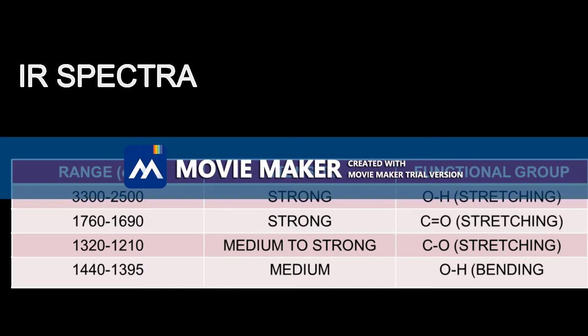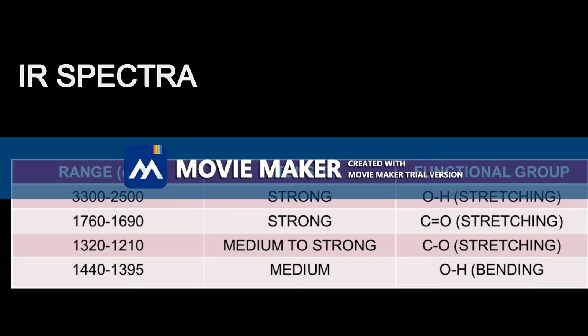Then, as for the third one, the functional group C single bond O also forms a stretching spectrum in the IR spectra of carboxylic acid, and the intensity of this spectrum is medium to strong, which lies in the range of 1210 to 1320.